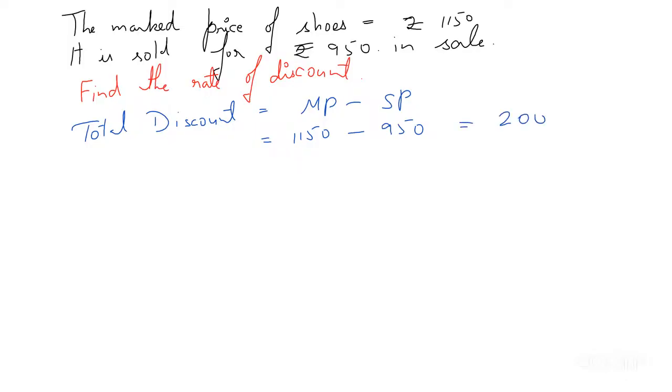Now we will calculate the discount percentage. To calculate that, we will do discount divided by market price, multiplied by 100.